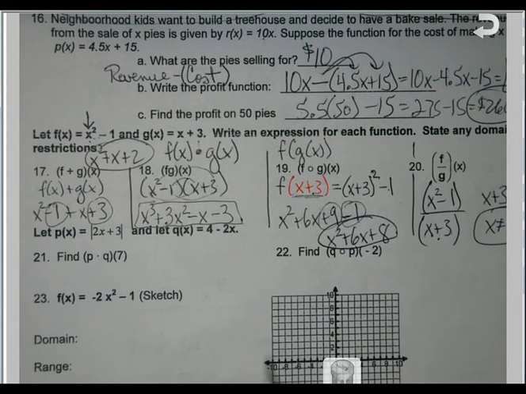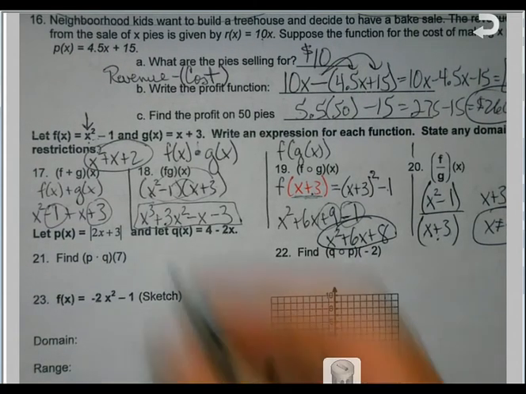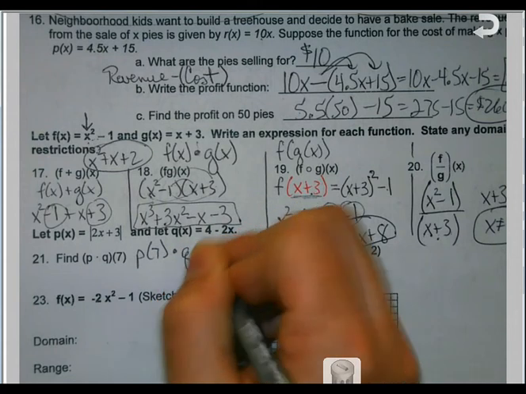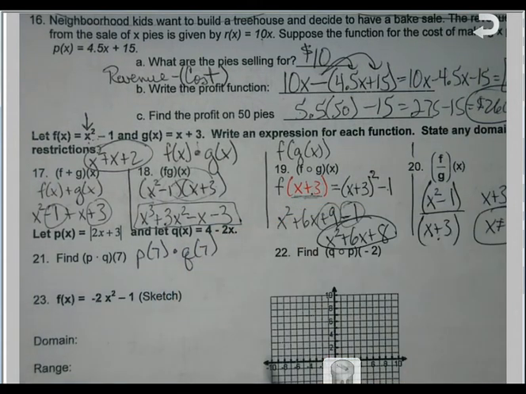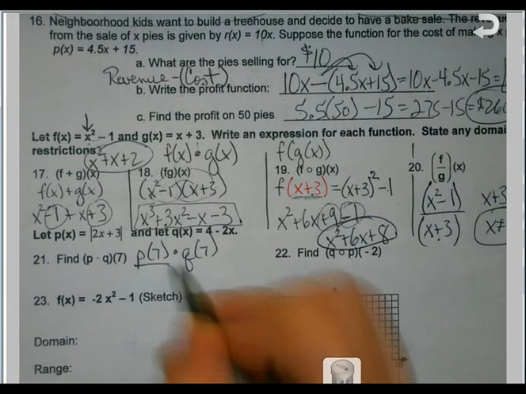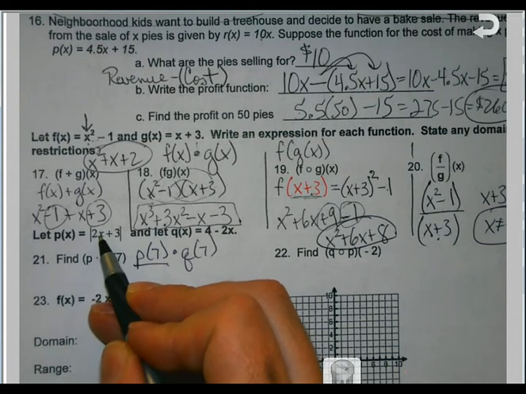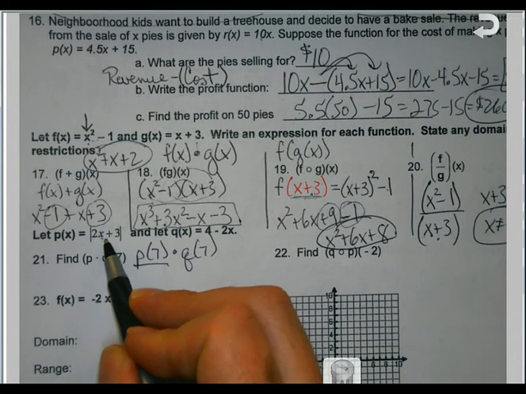Okay. 21, find p times q of 7. Again, let's write this out. P of 7 times q of 7. Literally, plug 7 in for x in each function and then multiply the answers together. So for instance here, if I plug in 7, 2 times 7 is 14, plus 3 is 17.